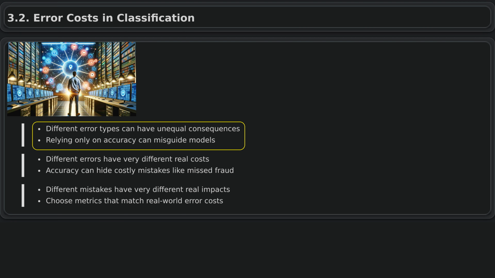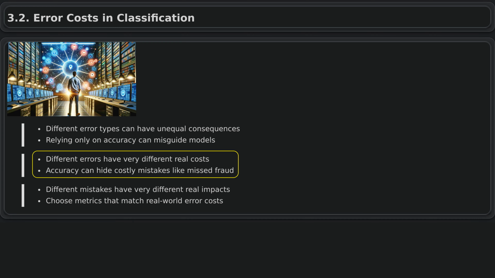If we only count correct predictions, we ignore these differences and may optimize the model for the wrong goal. To build useful systems, we must consider the real-world impact of different types of errors and align the model with practical objectives.